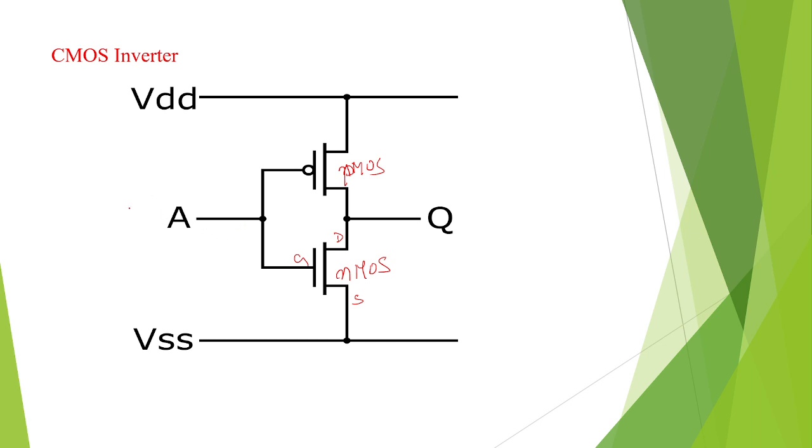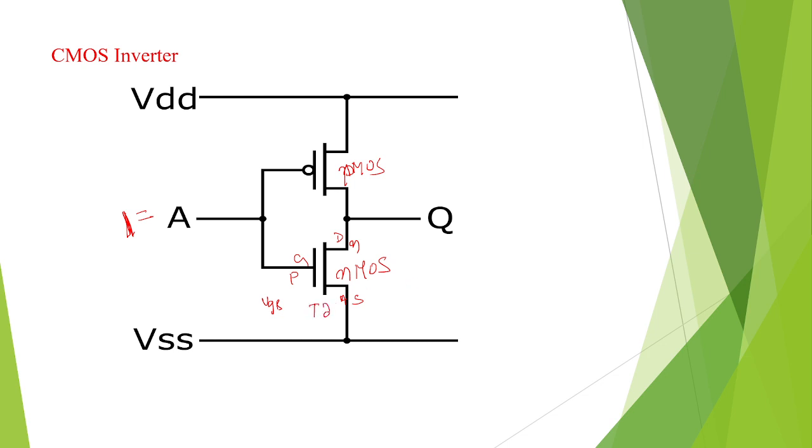When you are giving binary input 1, assuming the binary input is 1, NMOS means an NPN transistor. In this case, VGS is sufficient to go to the on condition.